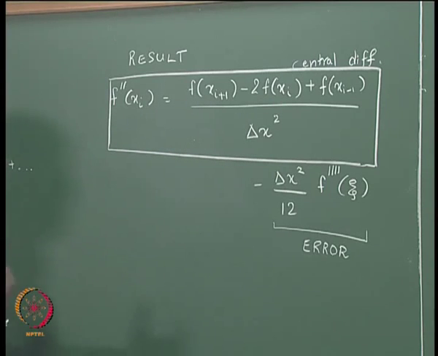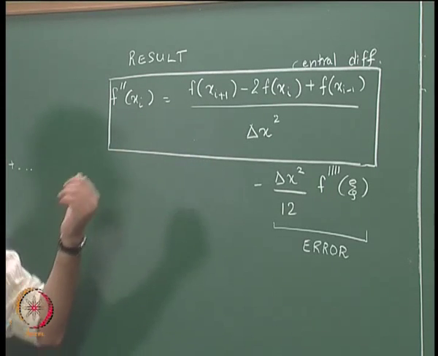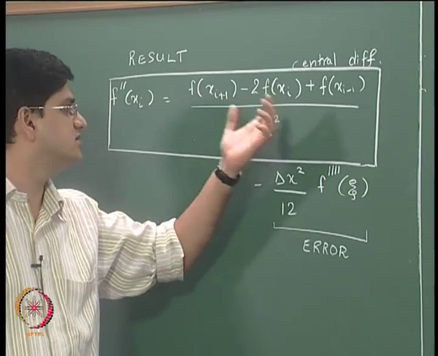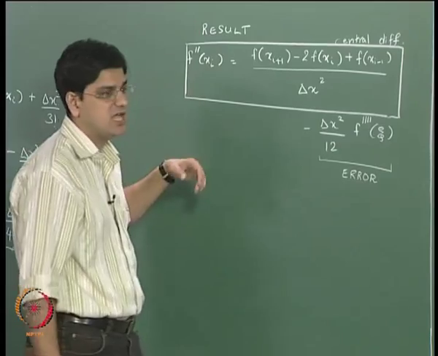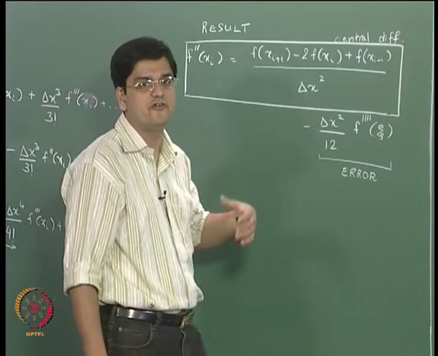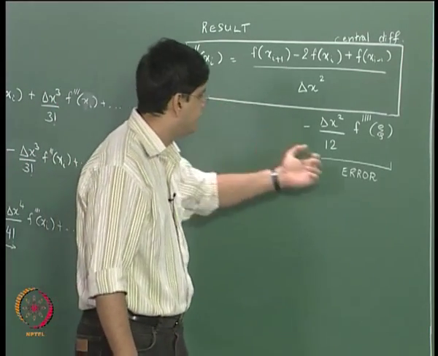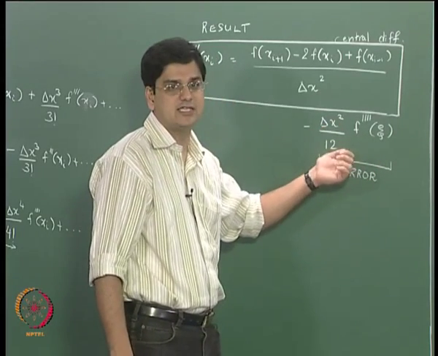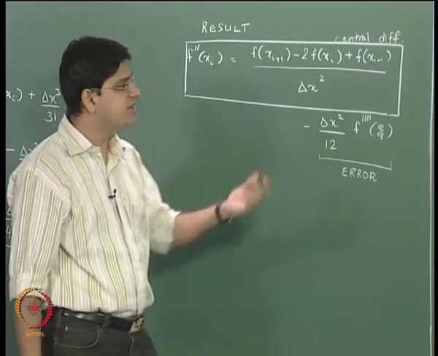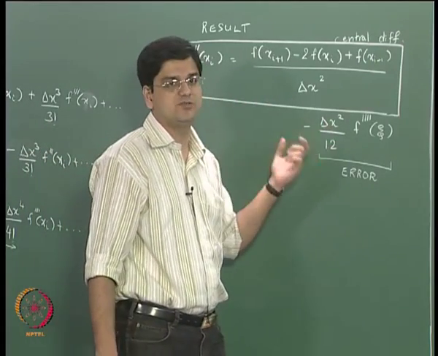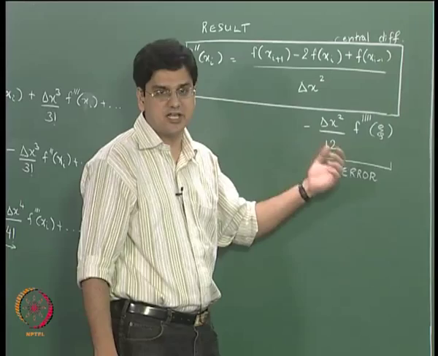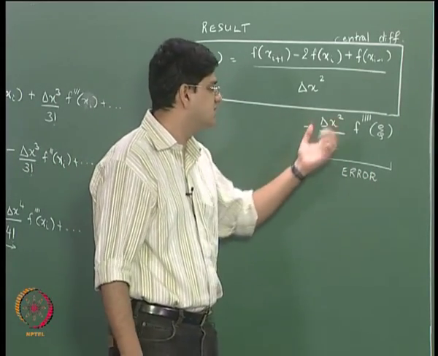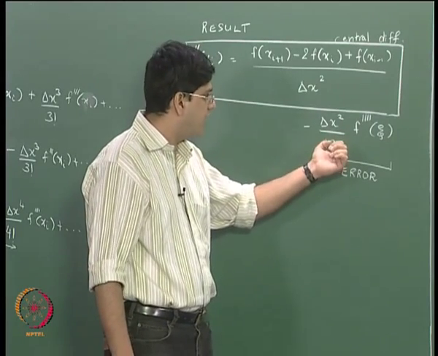So what we have seen so far is that whether we use the central difference formula for finding f double dash or for finding f dash, the error is proportional to delta x squared. As we reduce delta x to smaller and smaller values, the truncation error reduces.